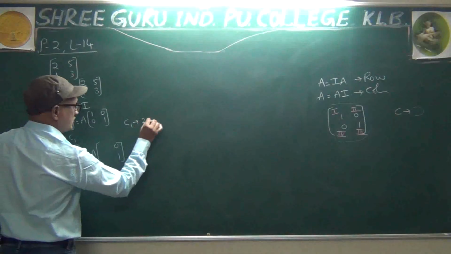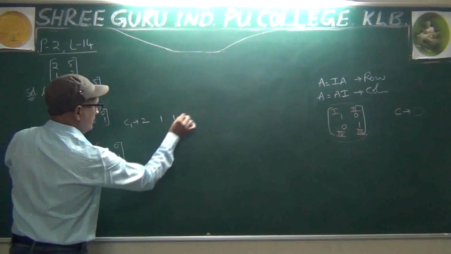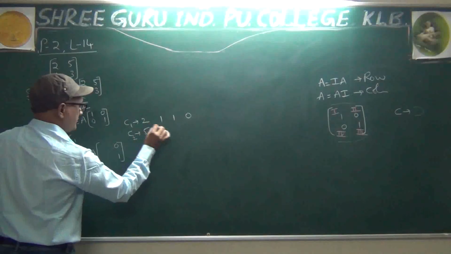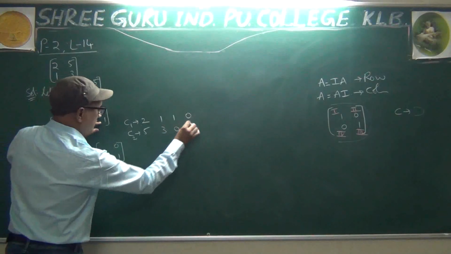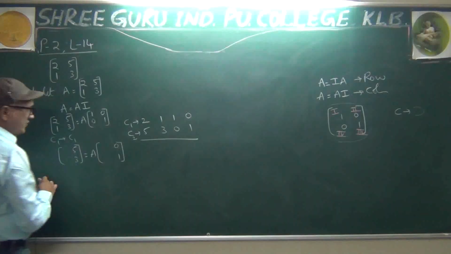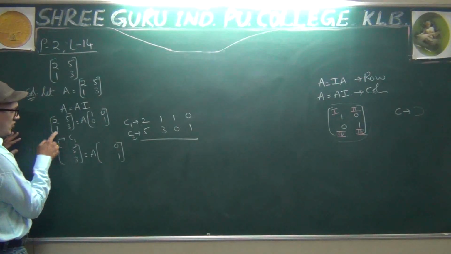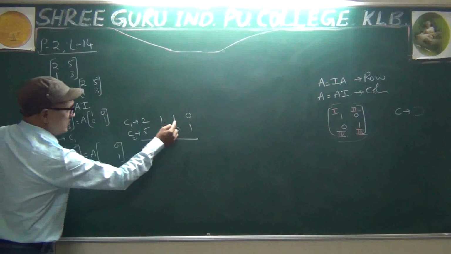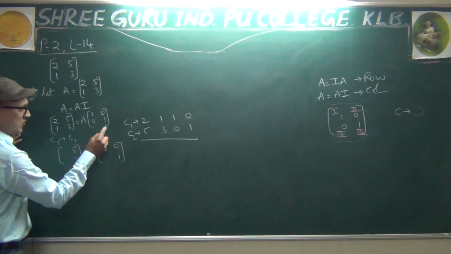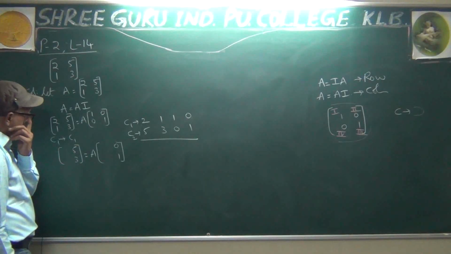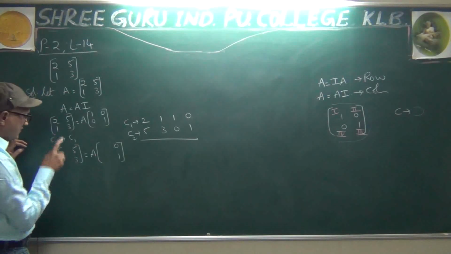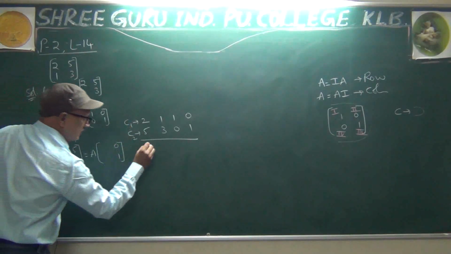First column 2, 1, 1, 0. Second column 5, 3, 0, 1. Right. In the first column, where we want 1, now it is 2. In place of 2 we want 1.